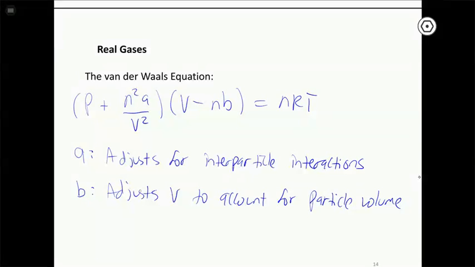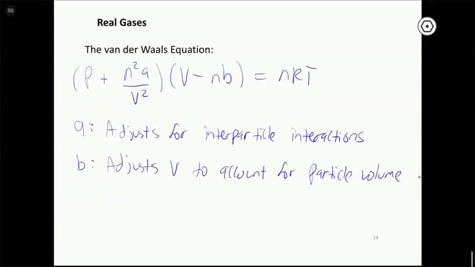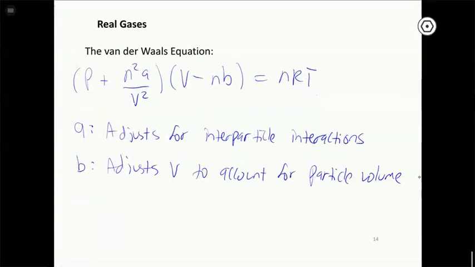We subtract it from the volume, such that in the equation we only have the volume that's completely empty space, which is what the ideal gas law assumes. So those are the two adjustments we make: one that accounts for the interactions between particles, and one that accounts for the non-zero particle volume. In sum, those A and B terms are the van der Waals parameters.